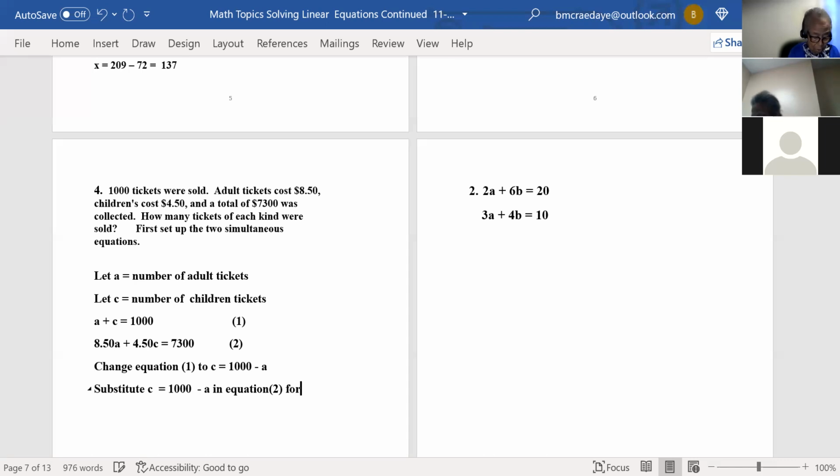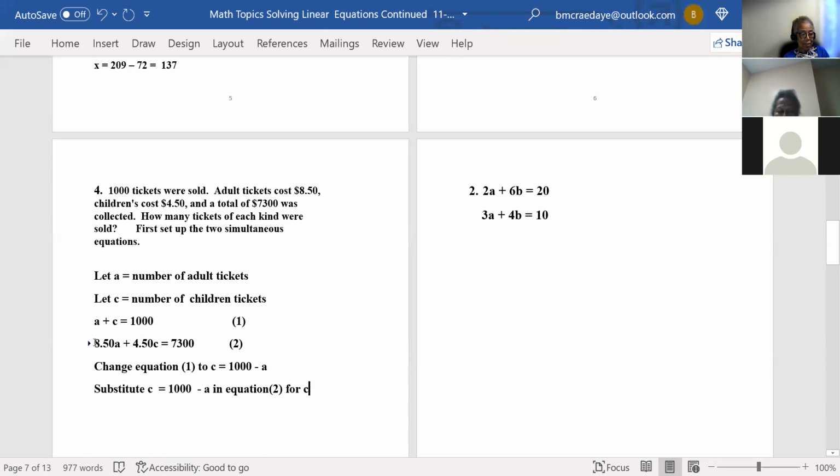Since C is 1,000 minus A, where you see C, you put 1,000 minus A, then you'll only have A. That's what you have to do, Maureen, because you're trying to eliminate one of your variables.